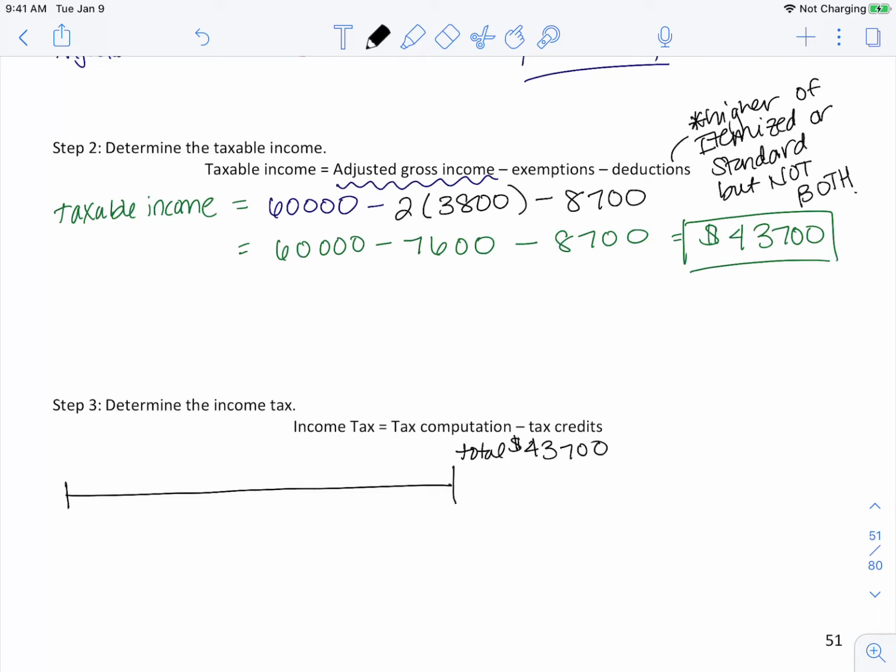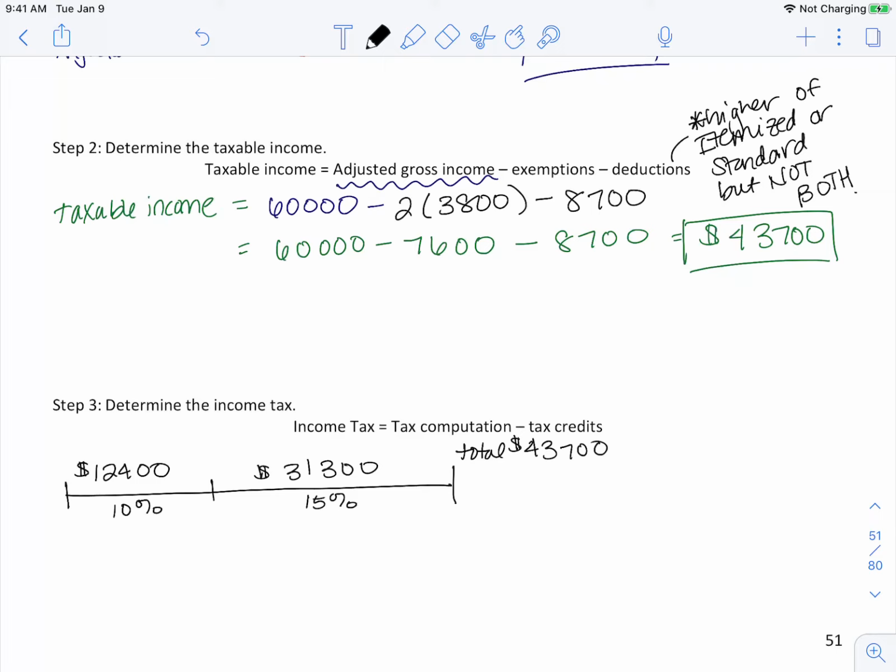Again, the total is going to be 43,700. We know that the first 12,400 is going to go in the 10% tax bracket. And then to figure the amount that's in the 15%, I take 43,700, our total, minus 12,400, and that leaves us with 31,300. Again, those two parts should add up to our total taxable income.